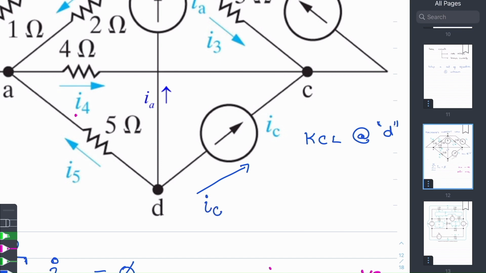IC is leaving, and I5 is leaving as well, and IA is leaving. So when you sum all the currents, IC plus IA plus I5, that equals zero. There's no current flowing into this node, so you don't have any currents with negative sign.